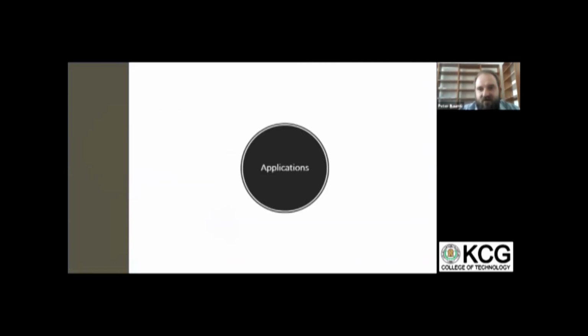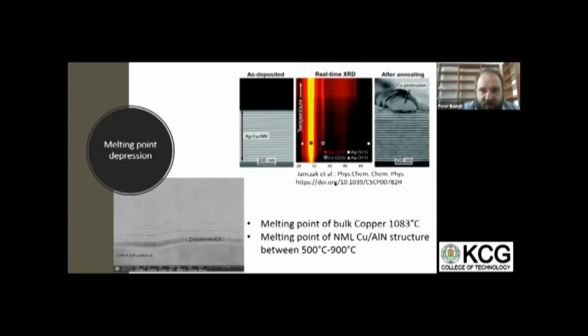The next application is the melting point depression. As I mentioned, if we are able to prepare nanostructured materials, for example copper, the brazier filler material, we can prepare 5 nanometer or 10 nanometer thick coatings, and we can separate these copper layers from each other with a barrier layer, and heat it up.